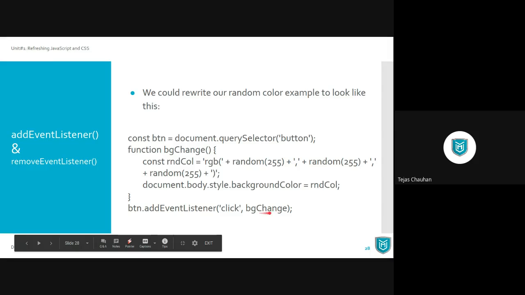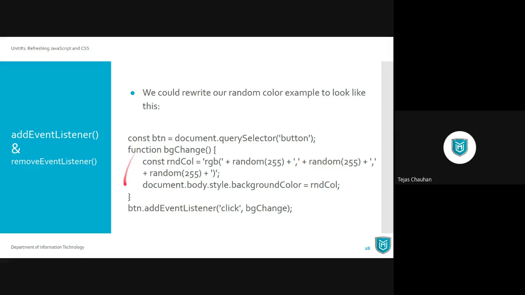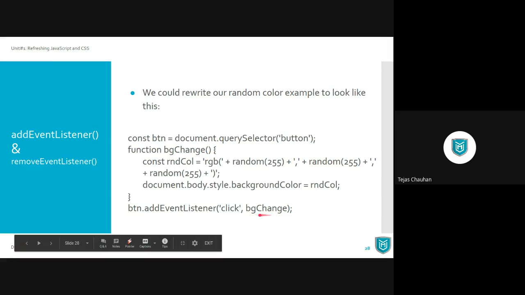So that will be the function. If you have defined your function separately, then use that function name as the second parameter, or you may define your entire function at this place. An anonymous function you can define here as the second parameter. So that's also possible.